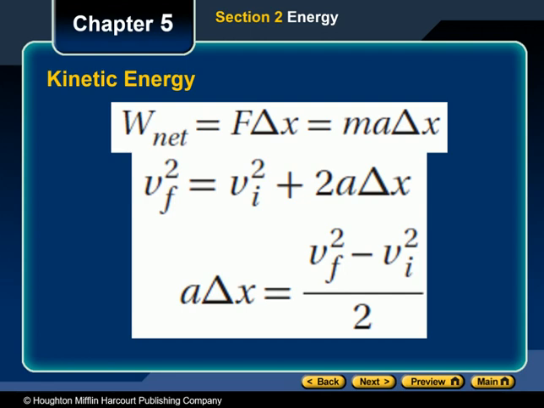Final velocity squared is equal to initial velocity squared plus 2a delta x, which can be rearranged to solve for acceleration times displacement, which is equal to final velocity squared minus initial velocity squared divided by 2.